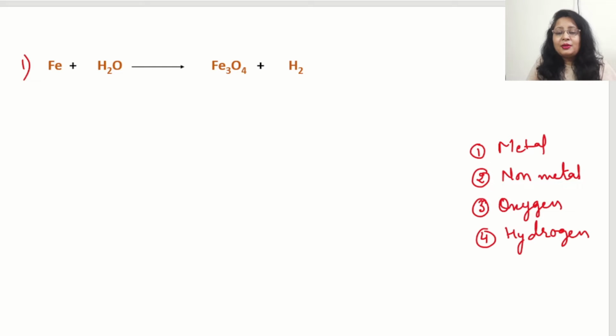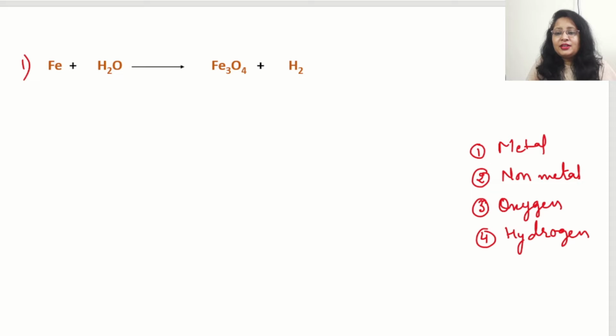The main basic idea for balancing is the conservation of mass. It means no new mass will be generated. Whatever is there on the reactant side, the same will be on the product side. This idea is to be imposed over here. So let's have a look.